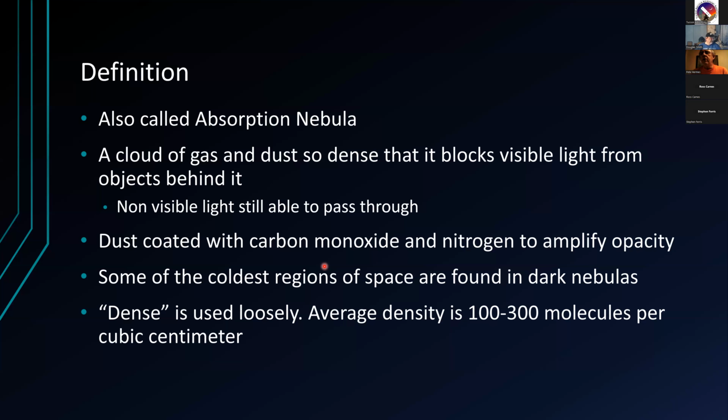So it's not just the density of the matter that may be blocking certain wavelengths. It's also the elemental composition. Yeah, absolutely. Very good. Thank you. Because as I say here, the carbon monoxide and nitrogen amplify the opacity. So depending on the elements, any of those carbon compounds really block the visible light big time.